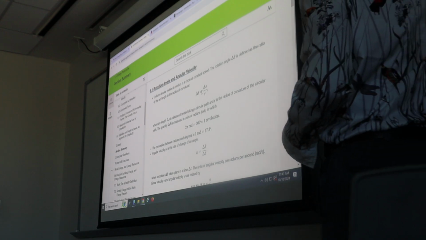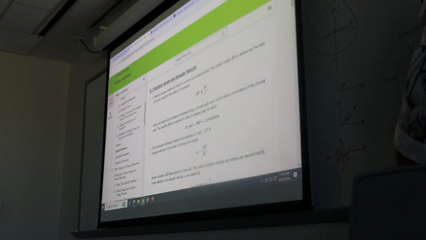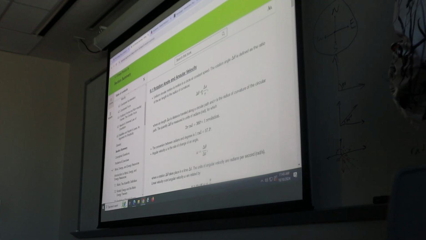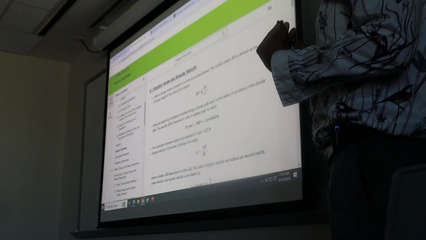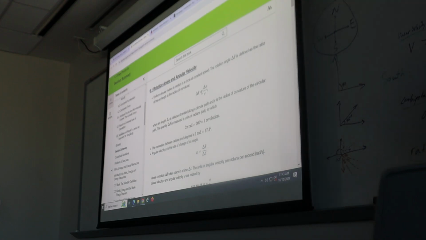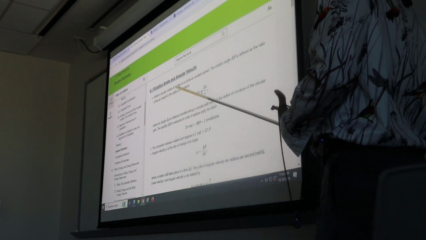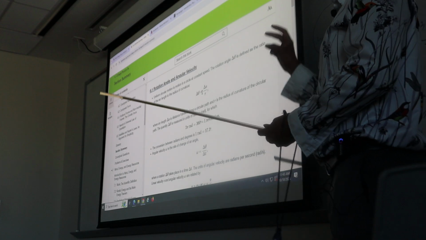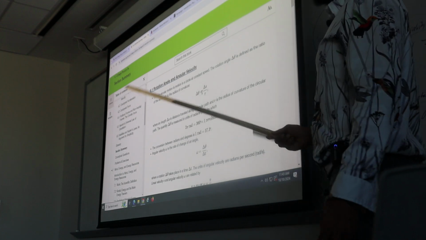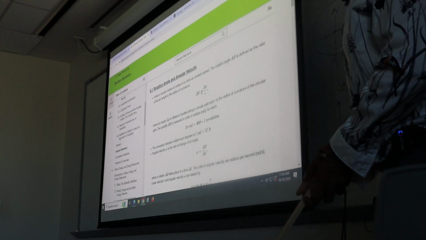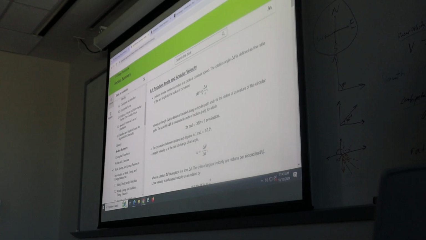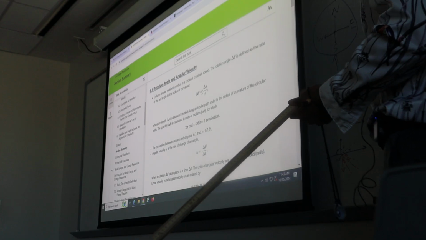So these are some of the equations and some of the things that we did last class. What I planned on doing was taking turns swinging a golf club, a bat or something, to see how much speed we have. That will help us understand angular velocity.